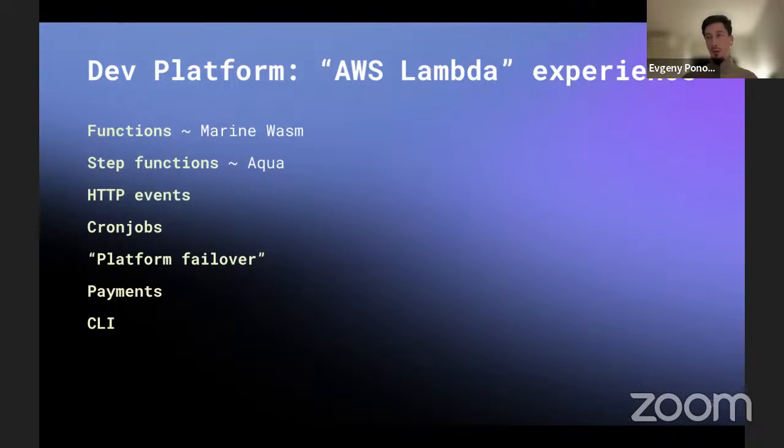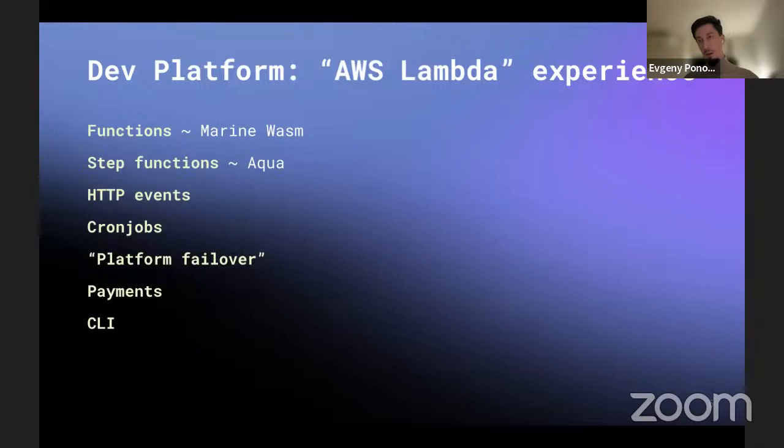So we have WebAssembly runtime, which maps to functions a little bit. We have Aqua, which maps to step functions or workflows. And we have a bunch of tools that enable execution by time, failovers, triggers, payments, and basically developer experience.